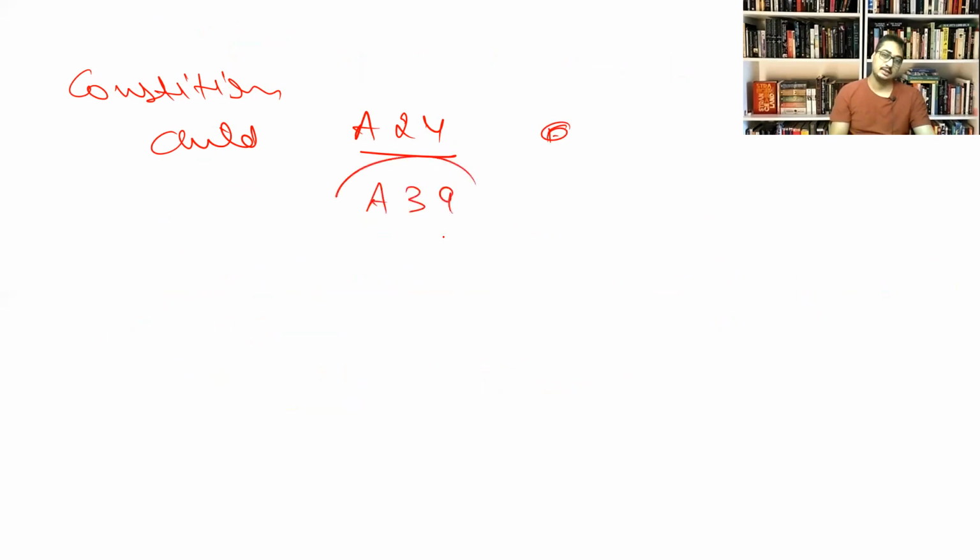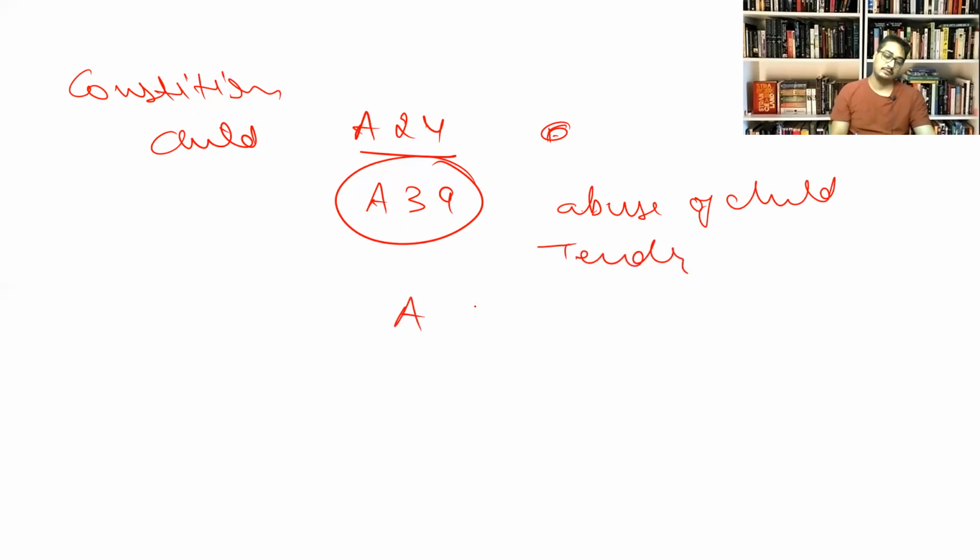Article 39, it is a DPSP, which says that steps should be taken by the state to prevent abuse of children of tender age. And last is Article 45, which provides for free and compulsory education until they achieve 14 years. So that's a directive principle of state policy.